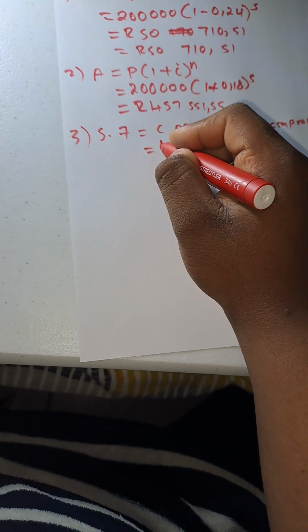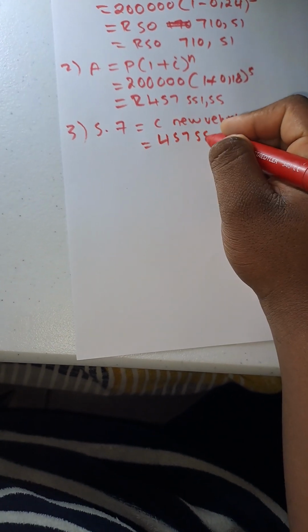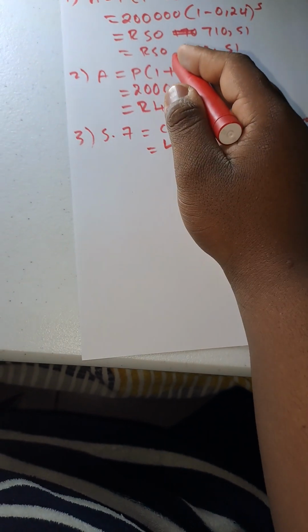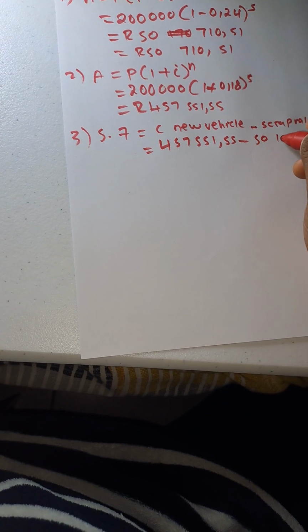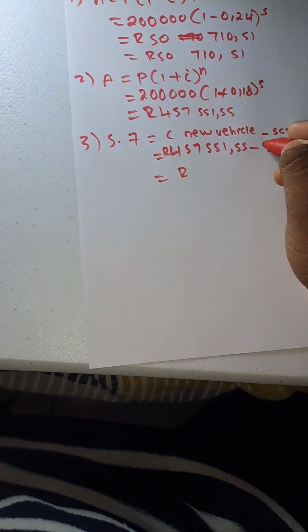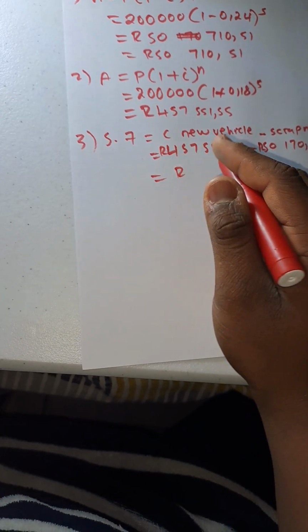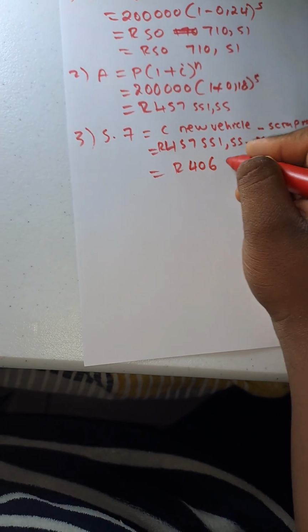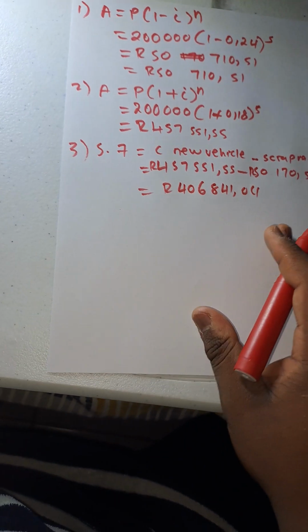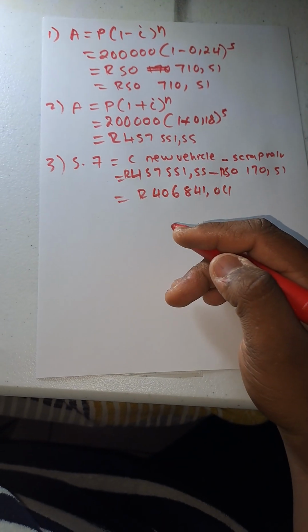It is 457,551.55 minus the scrap value, which is 50,170.51. What are you getting there? Please put your rents there. What are you getting? 406,841.04. This is how they answer your questions on sinking fund.